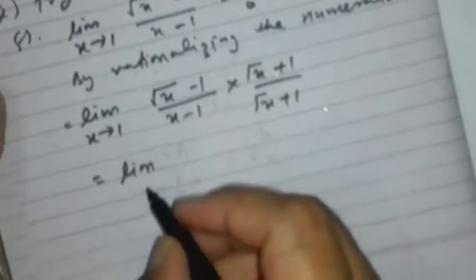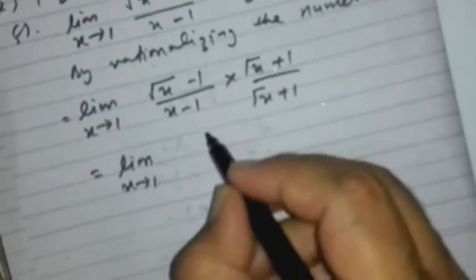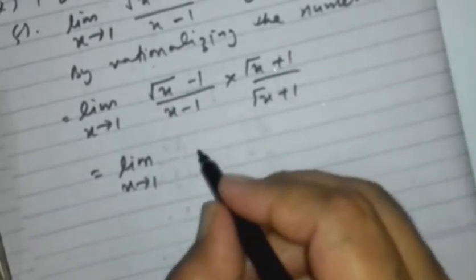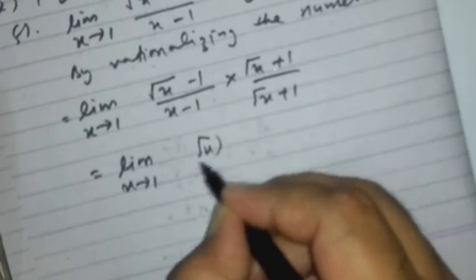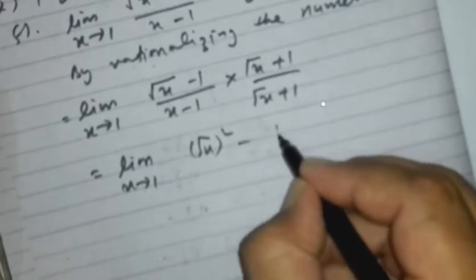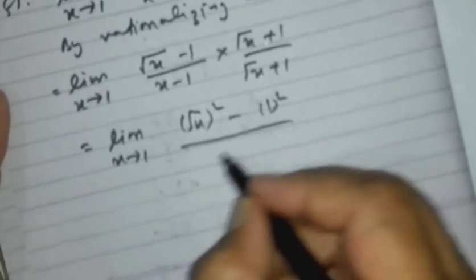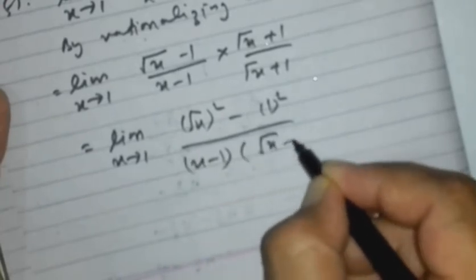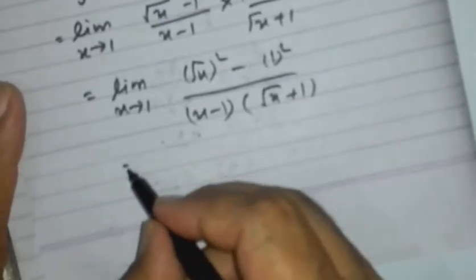Limit x tends to 1, a plus b, a minus b form it is. So we can write it as under root x square minus 1 square divided by x minus 1 into under the root x plus 1.